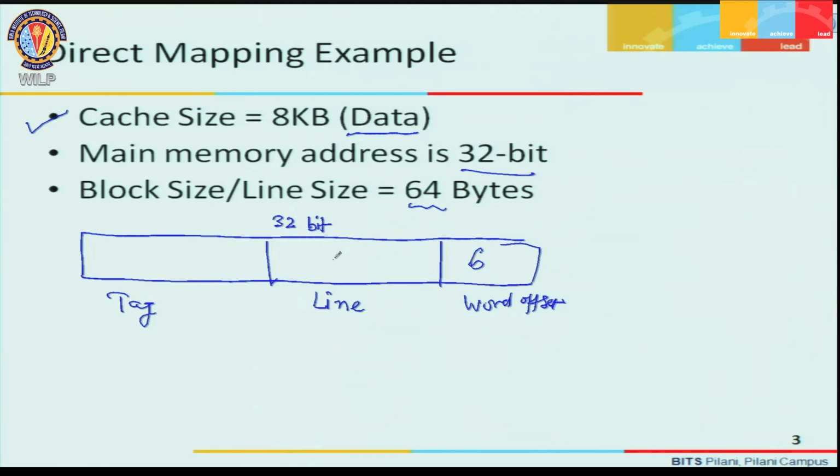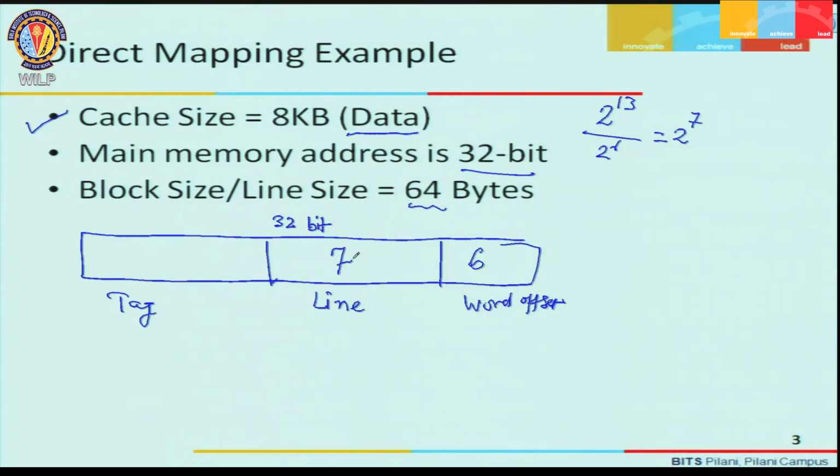Then in the line part, how many lines are there? 8 KB of data is there and 64 is the line size, so 8 KB divided by 64; 8 KB I can write as 2 power 13, divided by 64 which is 2 power 6. So, it will give me 2 raised to the power 7, which means 128 total lines are there. So, 128 lines means I need 7 bits for line addressing to identify a line.